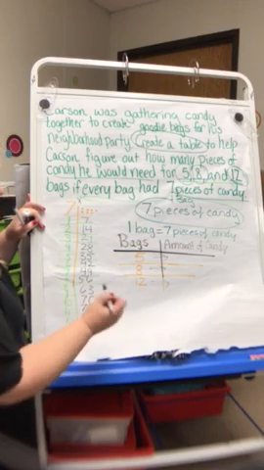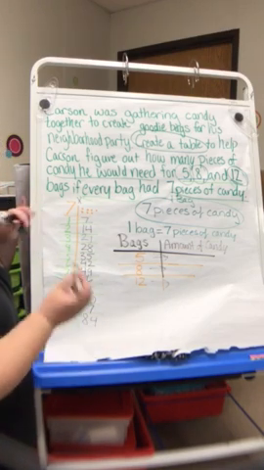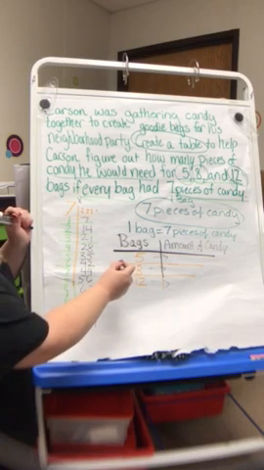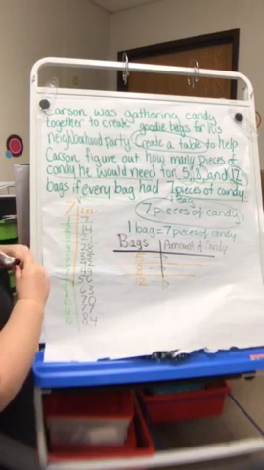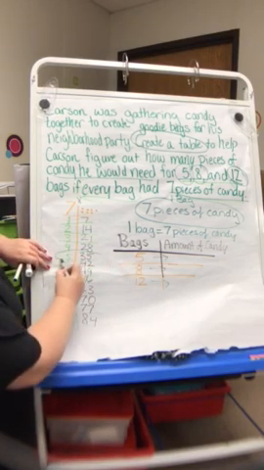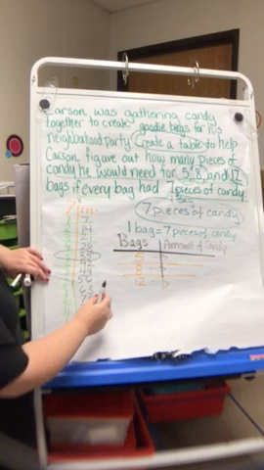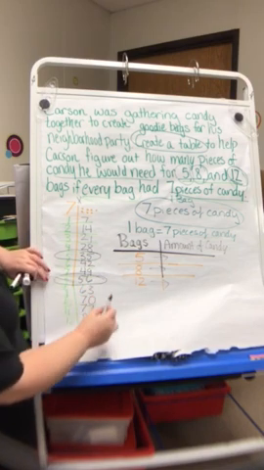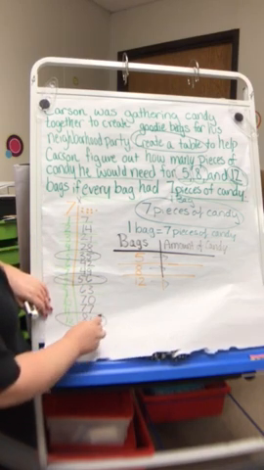Okay, so when I'm using this strategy though, I need to come over here and ask myself, bags. Which ones do I need? Well, I need to know about 5 bags. I need to know about 8 bags. And then I need to know about 12 bags.